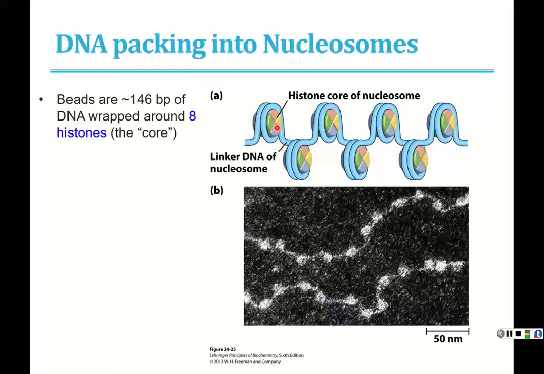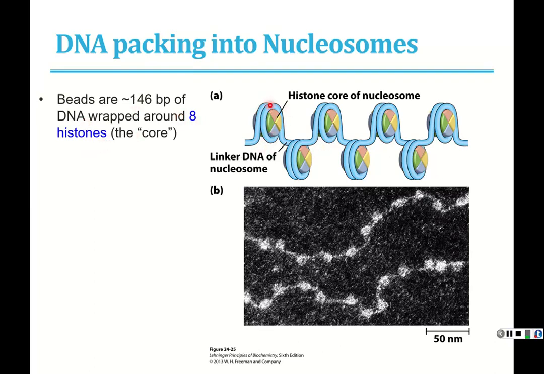Right, so if we look at a cartoon picture of this, our histone core of the nucleosome is shown here, and there are 4 different colored wedges. And that's because the histones are actually 2 sets of 4 proteins bound together. So there are a total of 8 histone proteins in this core. Okay.